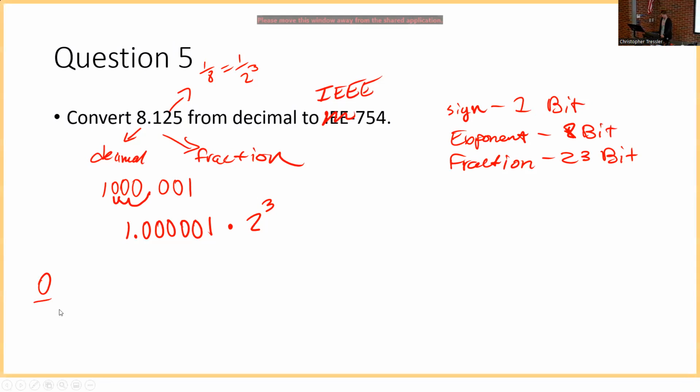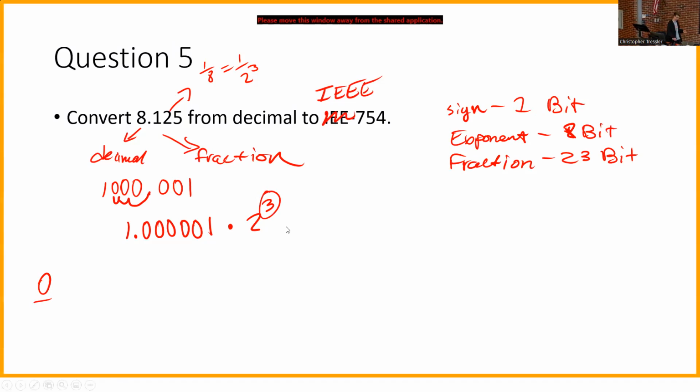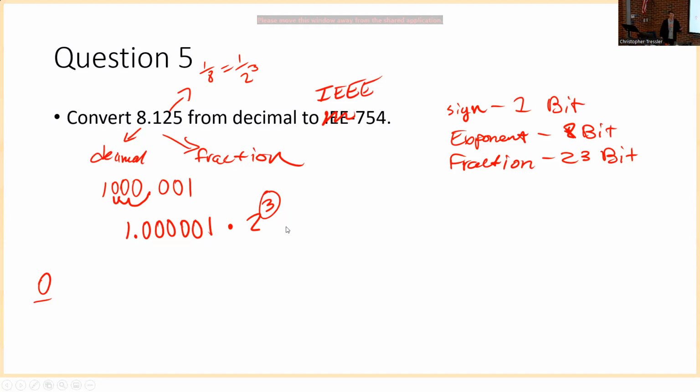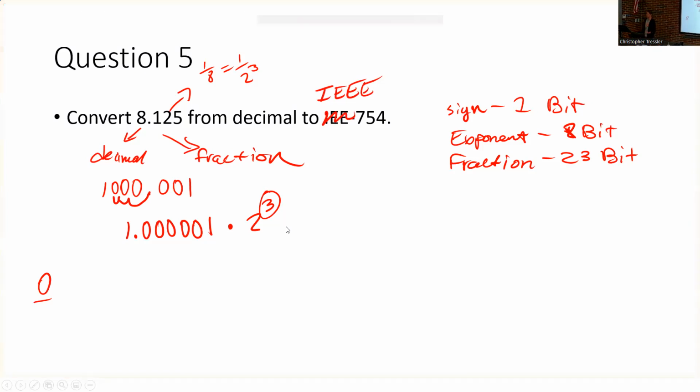To get our 8-bit exponent, you would think that it's just 3 because we have times 2 to the 3. But actually, we might have much bigger exponents that we want to be able to represent. So they picked a number, 127, which is just 2 to the 7th, minus 1 essentially, to add to this and make that the exponent.